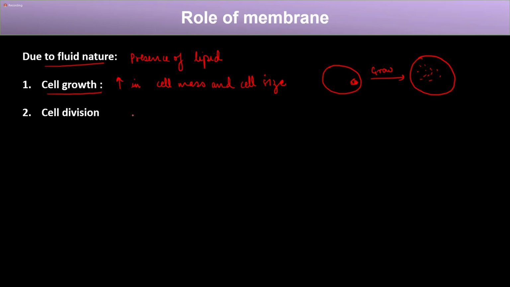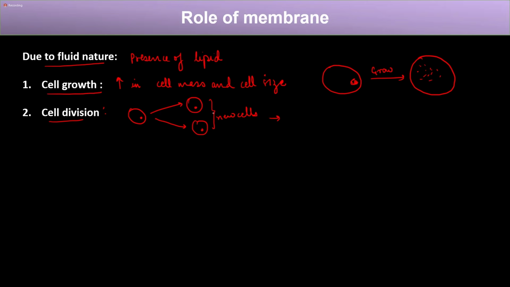Now, the second function of the plasma membrane is cell division. So we know that a cell comes from already existing cells, right? So this is a new cell. These are the new cells that come from already existing cells. And how do they come?